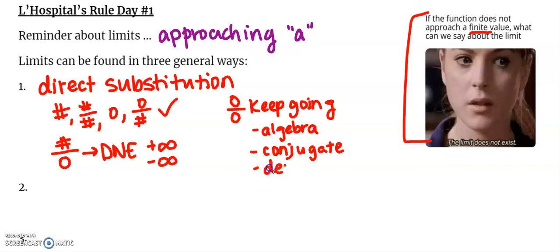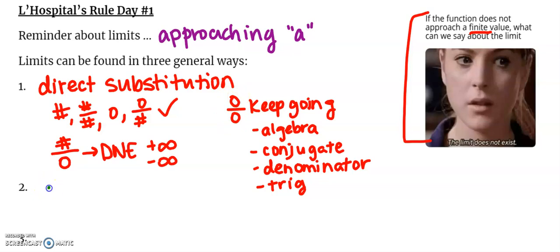You might have to deal with double fractions. There could be some denominator work that you can do, and sometimes trig. But basically what you're going to try to do is get a term to cancel between the numerator and the denominator so that your a is no longer a problem spot, right? Because this means you've encountered some sort of a hole in your graph.